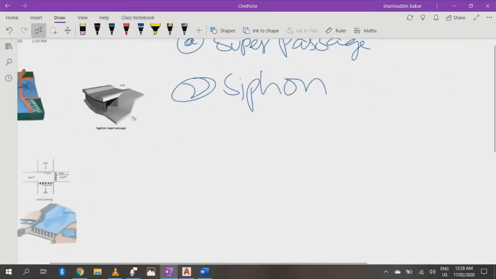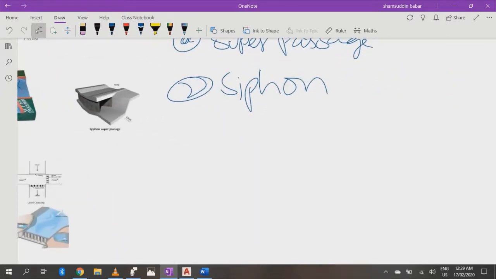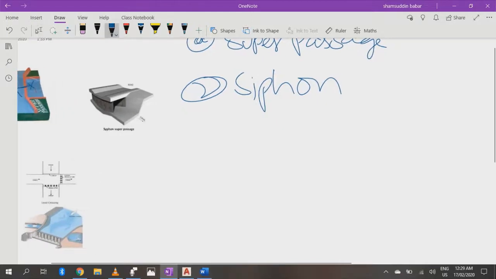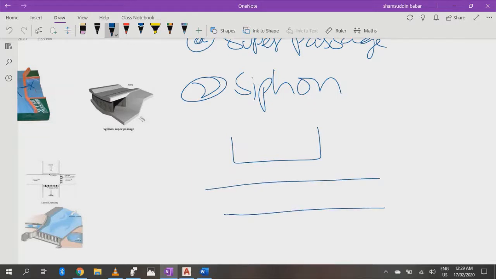We will see a canal and drainage. Initially we will draw a drainage line. For example, this is the drainage line and this is the canal line.